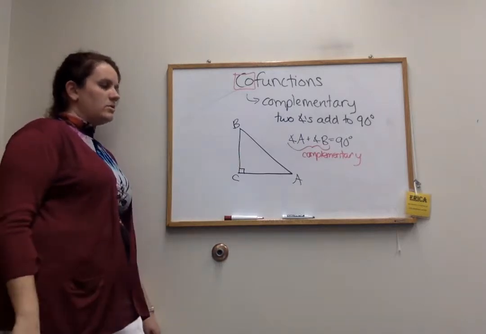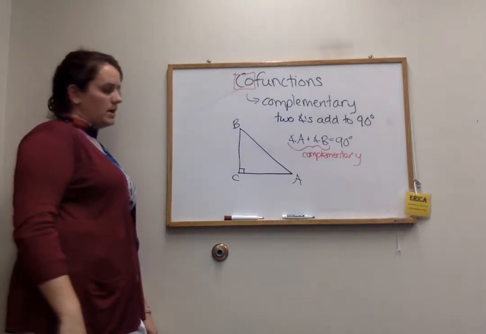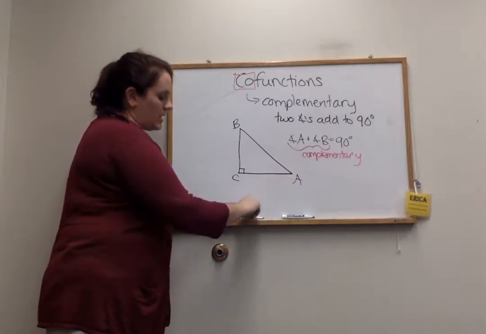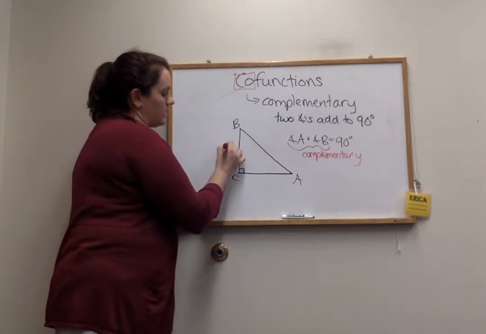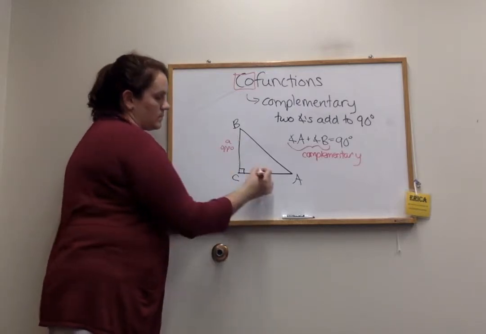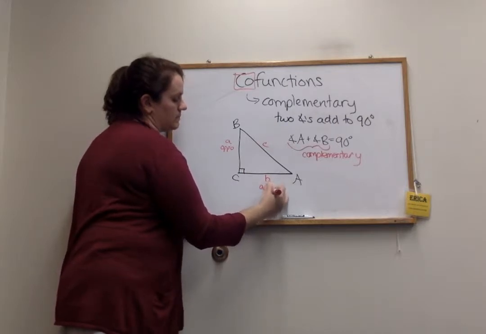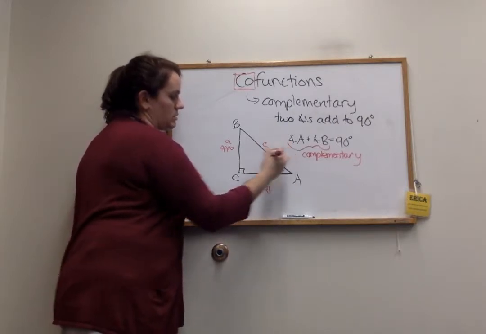Okay, so let's start with angle A. If we're looking at angle A, this is the opposite side. This is side A, this is side B, this is side C. And this is adjacent, and this is the hypotenuse.